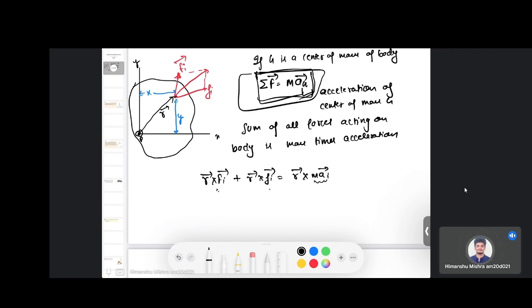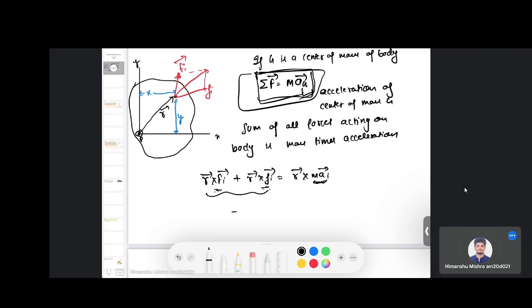So these forces create a moment, which I have shown on the left hand side, and the summation of these forces is equal to mass times acceleration. So mass times acceleration will also create a moment, which I have shown on the right hand side. So the left hand side is just a summation of all moments.